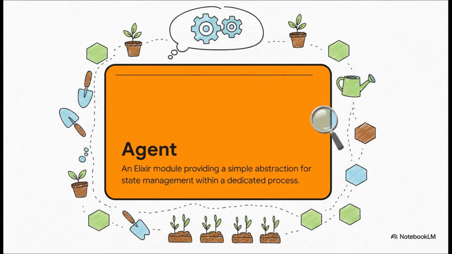What exactly is an agent? You can think of it as a dedicated process whose entire job is to hold onto some piece of data. In our case, a list of garden plots. Every other process has to communicate with this one agent to read or change that data. This approach is what prevents conflicts and keeps our information perfectly consistent.